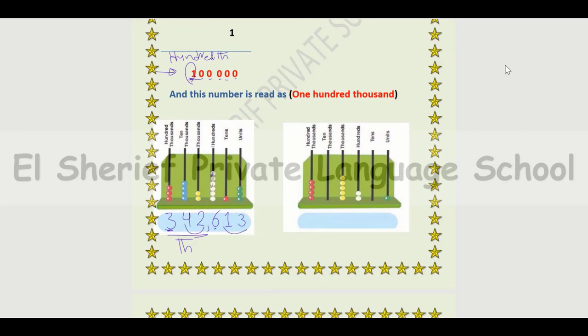The next abacus, we have 1 ball in units, and we have nothing in tens, so we can put 0. In hundreds we have only 2 balls, put 2, and in thousands we have 5, so put 5. In 10,000 we have nothing, we can put 0.